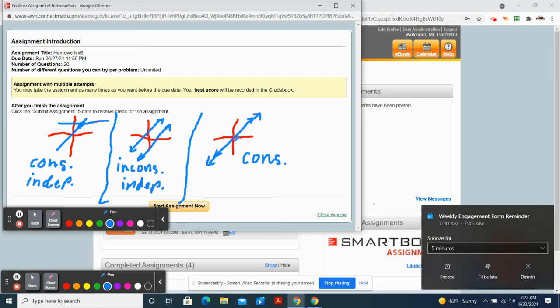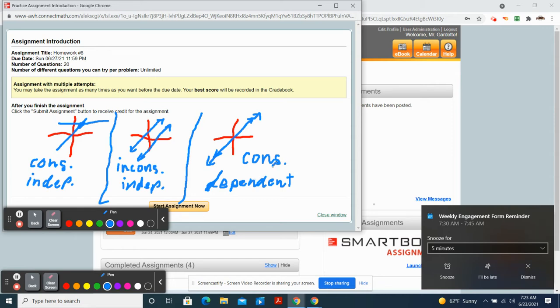These two lines are the same, so the opposite of independent is dependent. So two lines cross, different lines: consistent and independent. Two lines are parallel: inconsistent and independent. Two lines are the same: consistent and dependent.